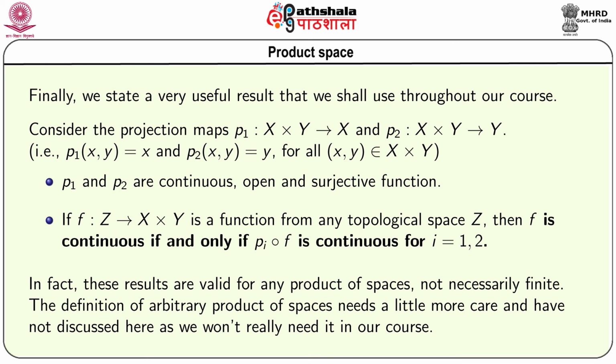Now, this is a very important result that we are going to use without any mention. In fact, all these results are valid for any product of spaces, not necessarily finite.